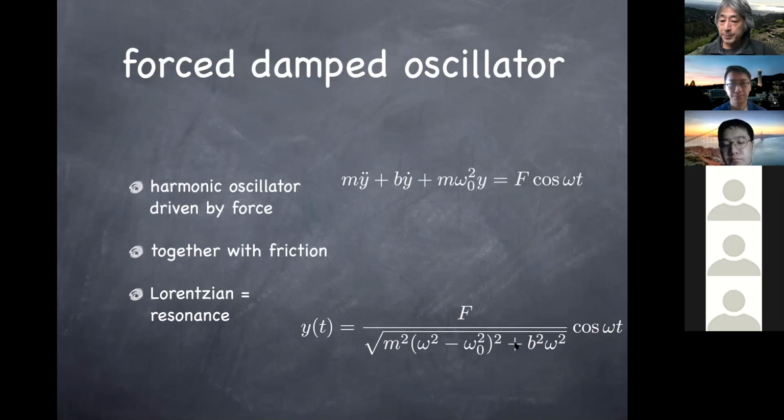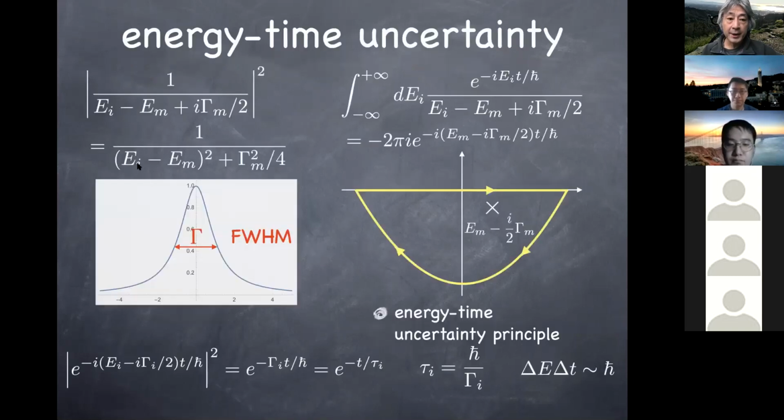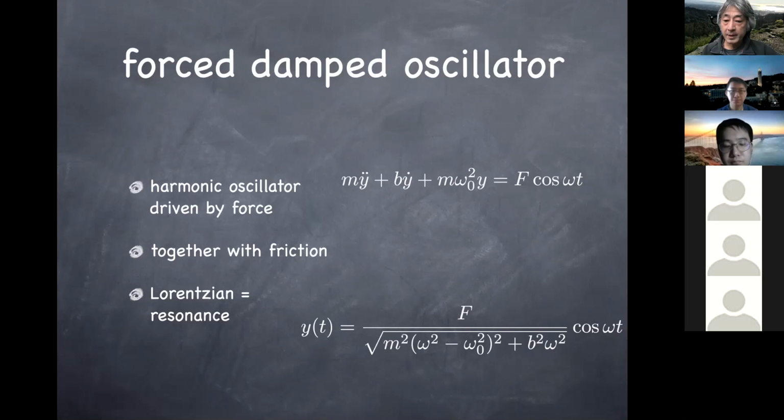And now you see this behavior of the Lorentzian distribution. So this omega squared difference is exactly the same behavior as the energy difference squared. And then you have this piece that is coming from the friction, which is the B, the friction term. And this is a Lorentzian distribution in the frequency domain.